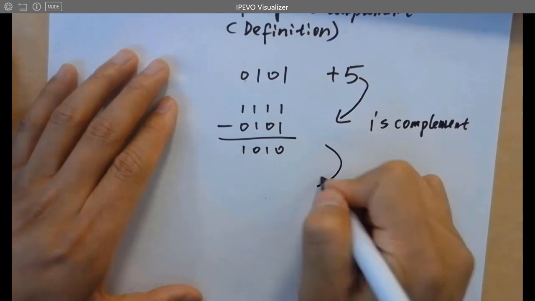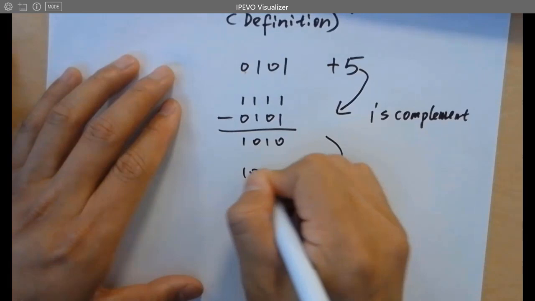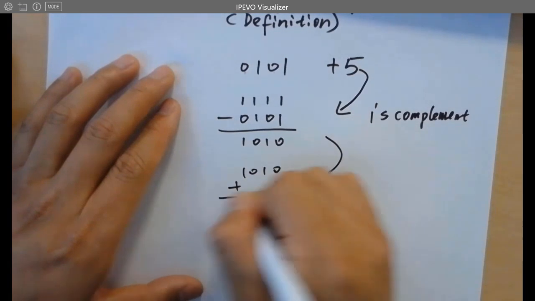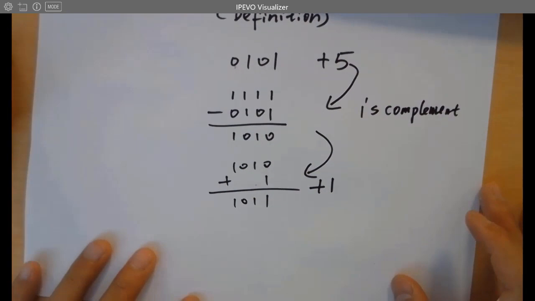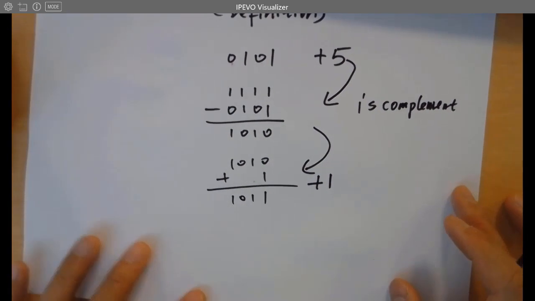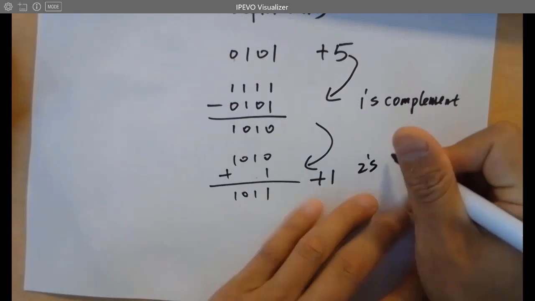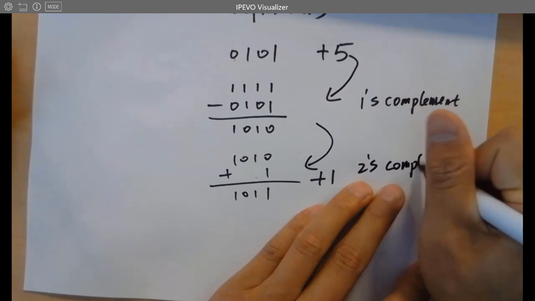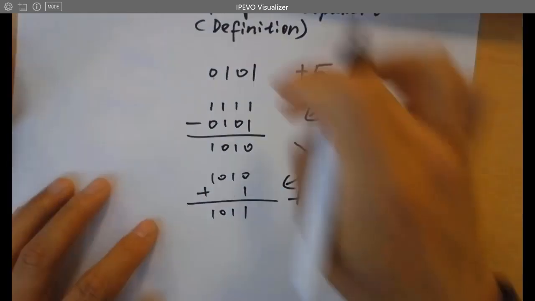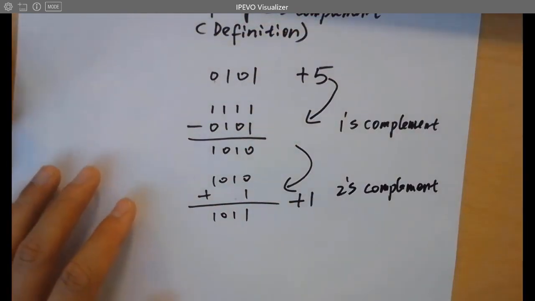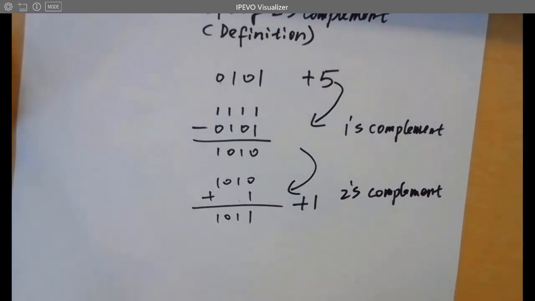And then we add 1 to that number, 1010 plus 1, which is 1011. And that number is called the 2's complement of that number. And we define this number as minus 5.